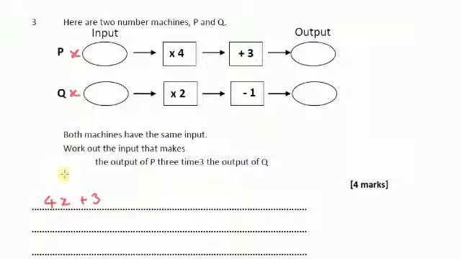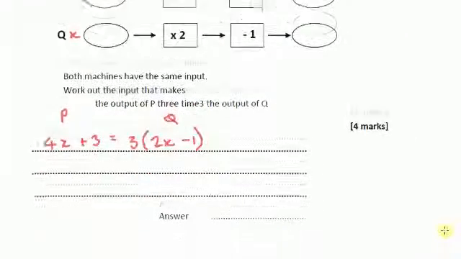And that's got to be 3 times the output of Q. 3 times whatever the output of Q is. X times 2 is 2X, minus 1. I write it as 2X minus 1 inside the bracket. That's what my Q was inside the bracket there. So now we can just tidy this up and see what we get.